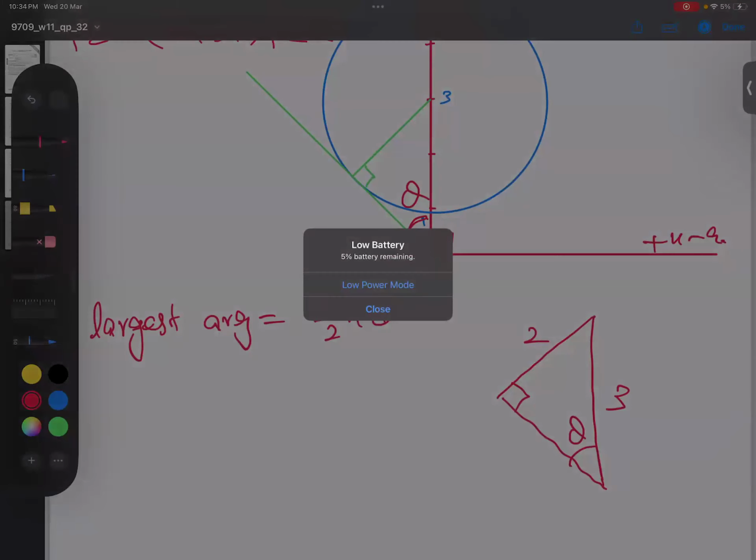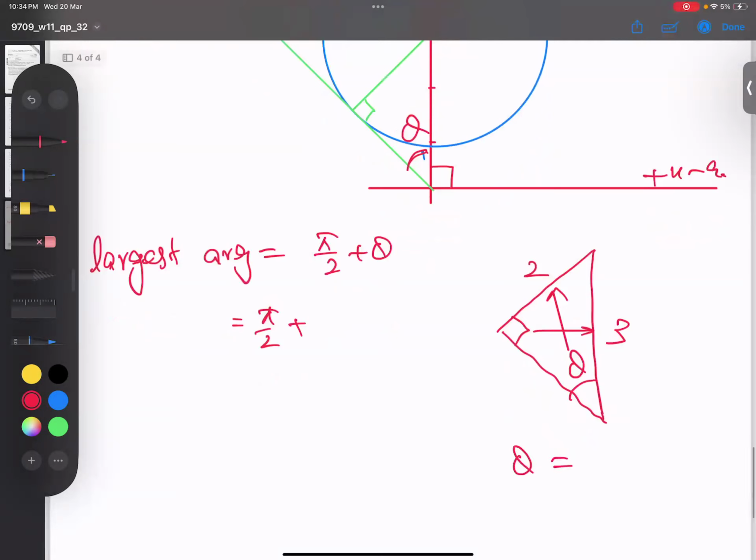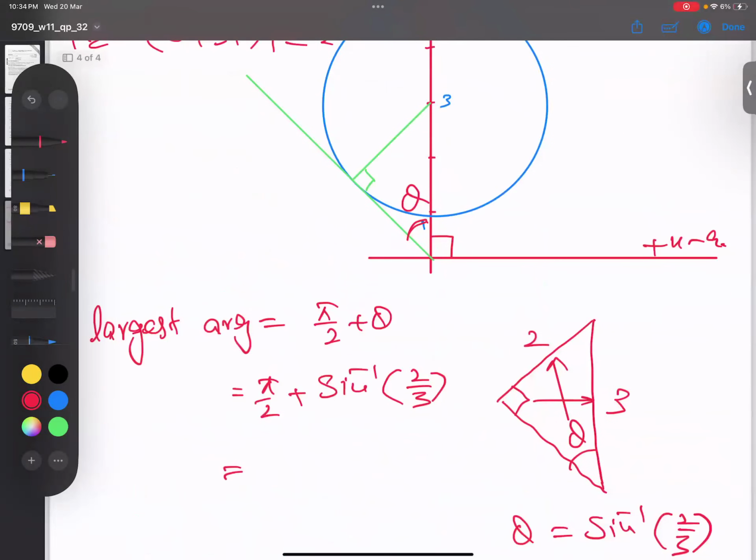Now the question comes to mind: how will I find theta? Theta is not a hard job, because in front of the angle is the opposite and the hypotenuse. So theta equals sine inverse of 2 over 3. I believe it's nothing hard. We have to write 3 significant figures, so make sure.